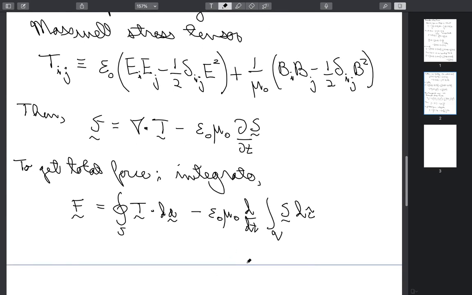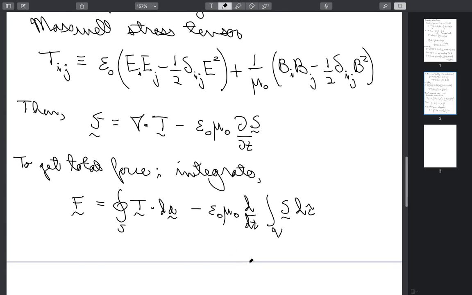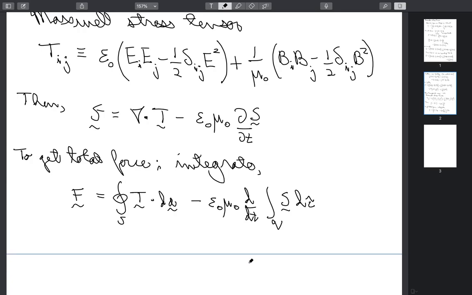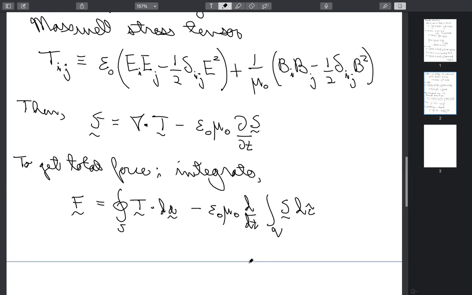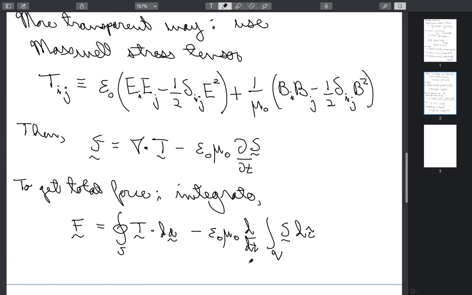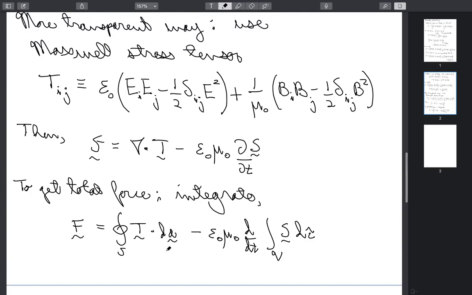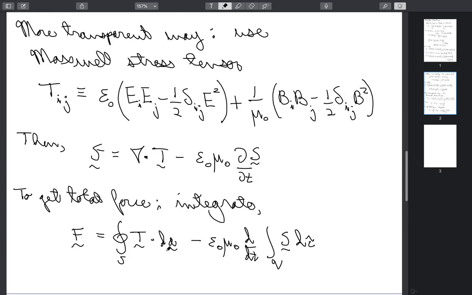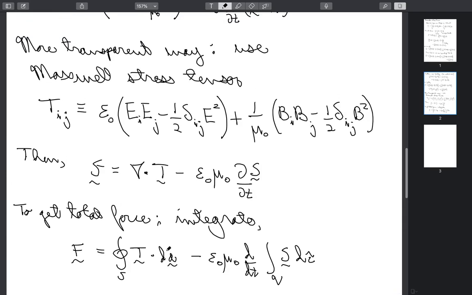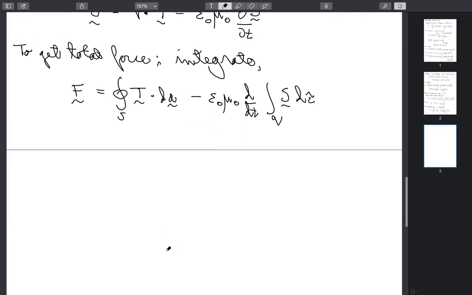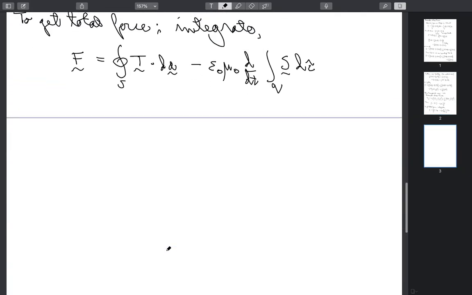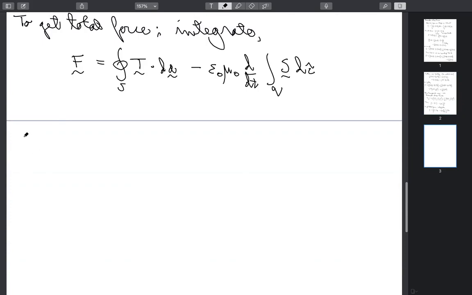Okay, so that's the rule for the total force that I have on charges in the volume. So you see we've found a very, very condensed expression for this force. Now let me just show you why this is interesting and how it relates to something that we saw earlier today. Let's now consider conservation of momentum.